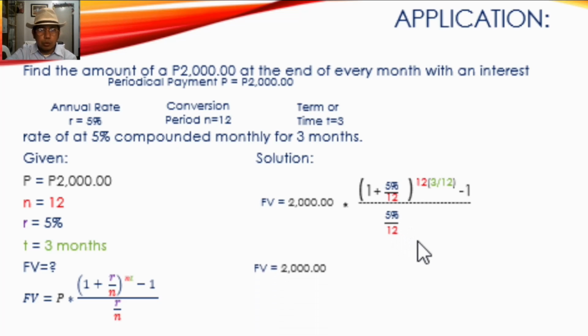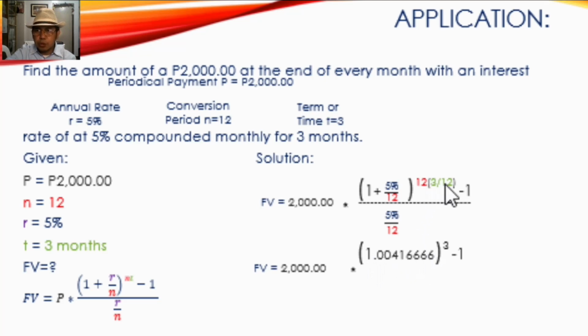To continue, future value is equal to 2,000 pesos multiplied by 5% divided by 12, plus 1. It will give you 1.004166.